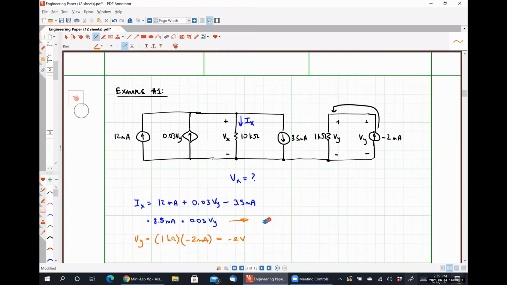If we substitute this in, we get Ix is equal to 8.5 milliamps plus 0.03 times negative 2 volts. So what are the implied units on this 0.03? Anybody remember that from our first lecture?